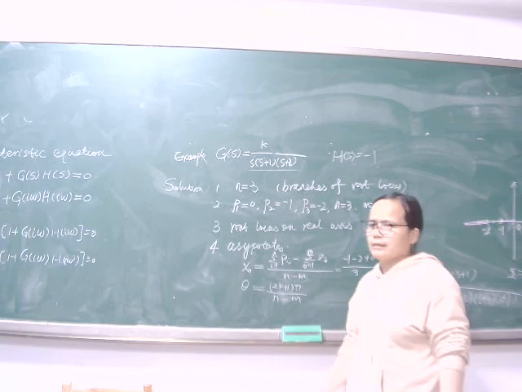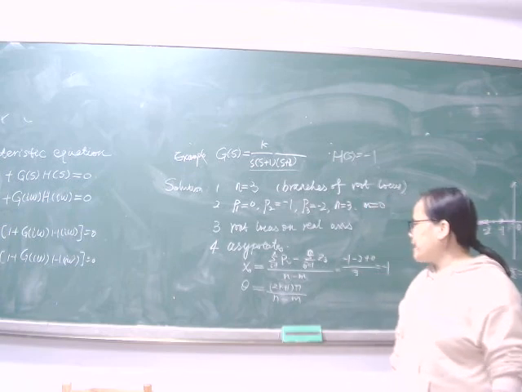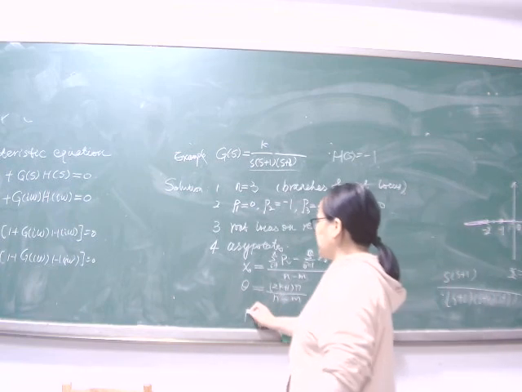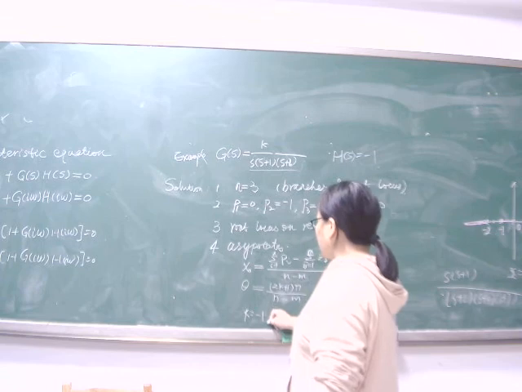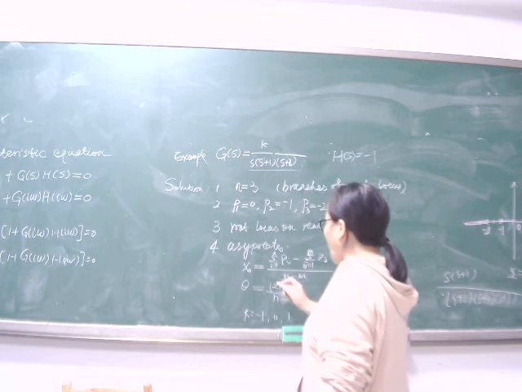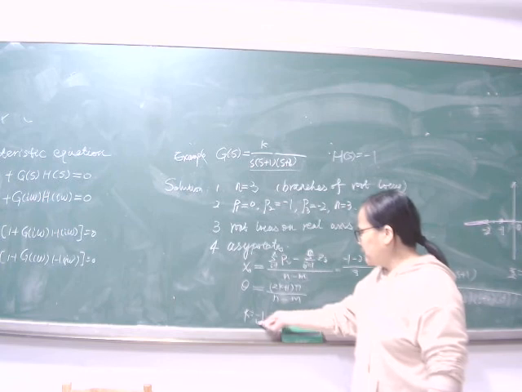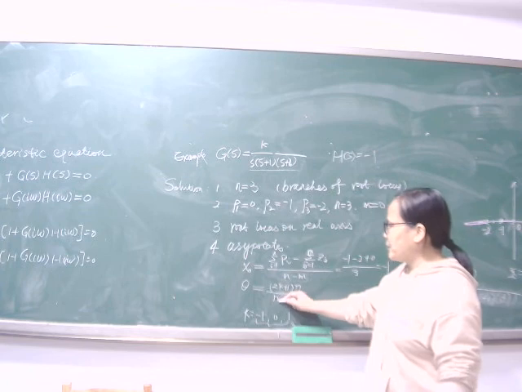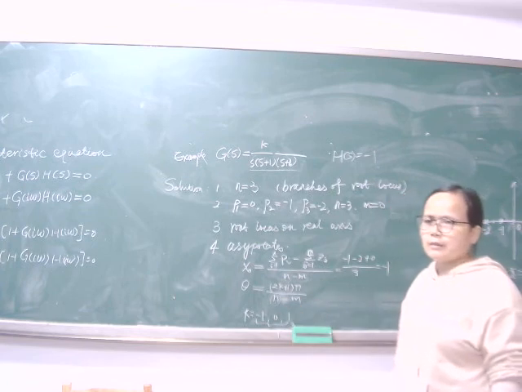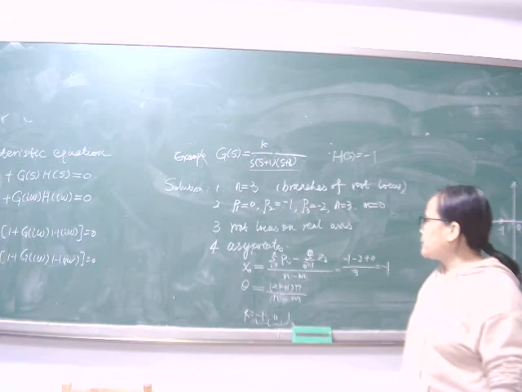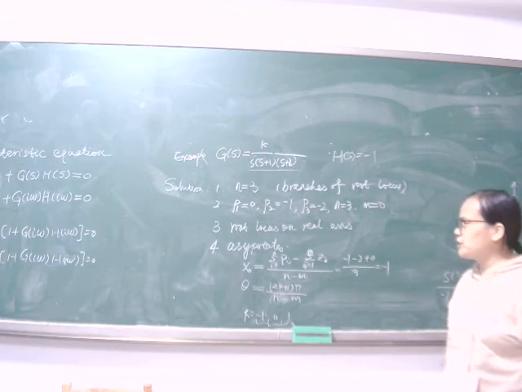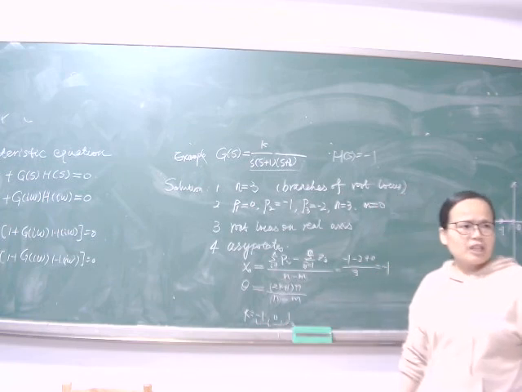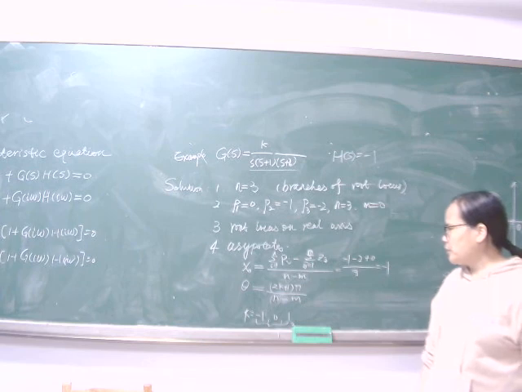And k can take minus 1, 0, and 1. There are 3 numbers, equal to this n. The number of poles is 3, so the k should take 3 values.